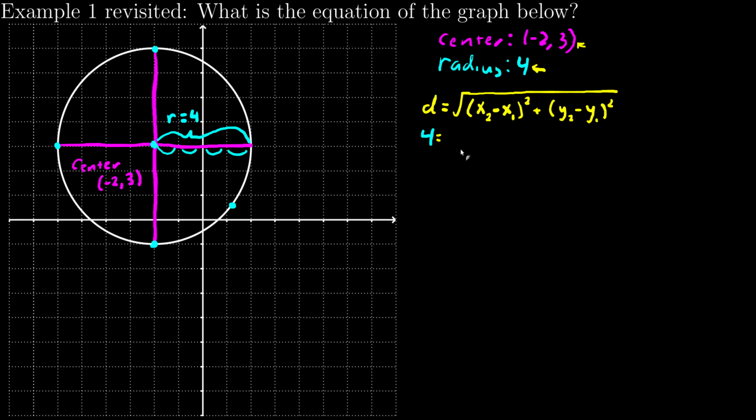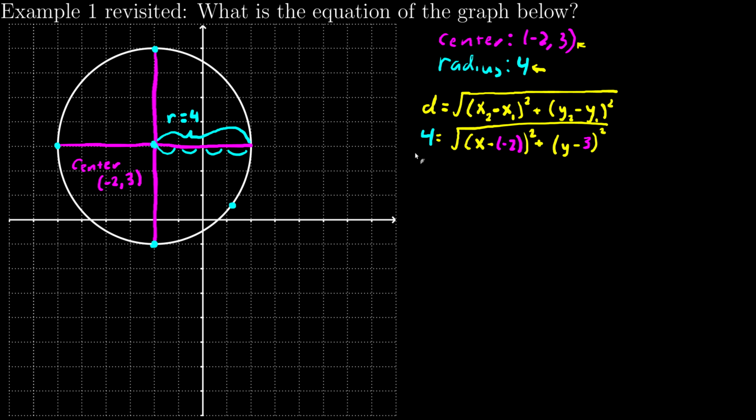and that'll be equal to the square root of my x-coordinate minus my x-coordinate from the center, so -2 squared, plus my y-coordinate on the circle minus the y-coordinate of the center squared.